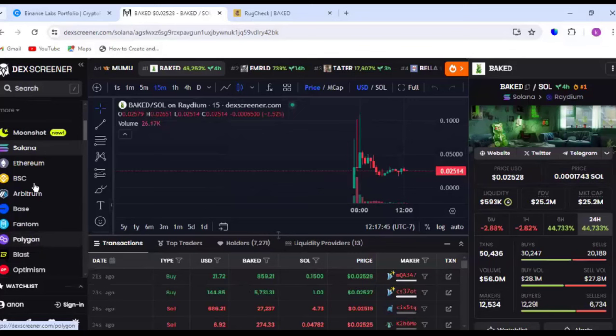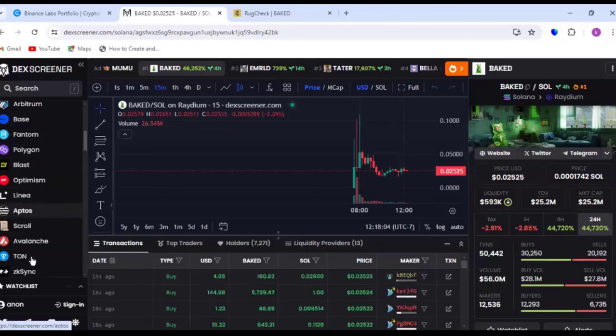For now, you should understand what a blockchain is. We have the Solana chain, the Ethereum chain, the BSC chain, Arbitrum, Base, Polygon, Blast, Optimism, Aptos, Avalanche, Ton, ZKsync. There are a couple of them.